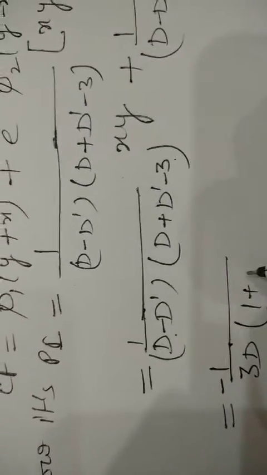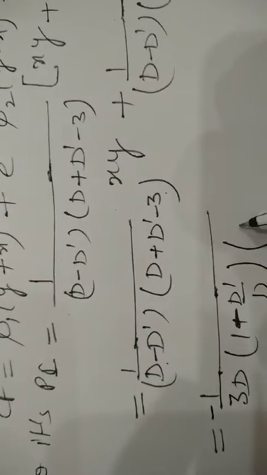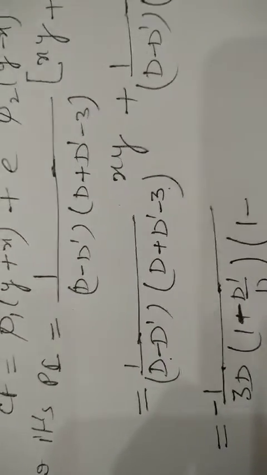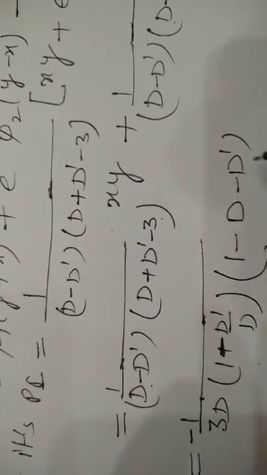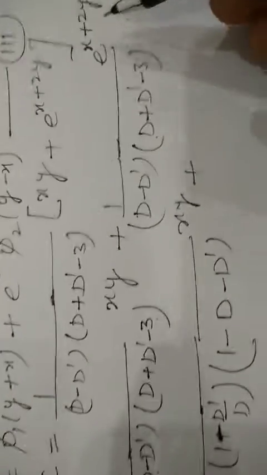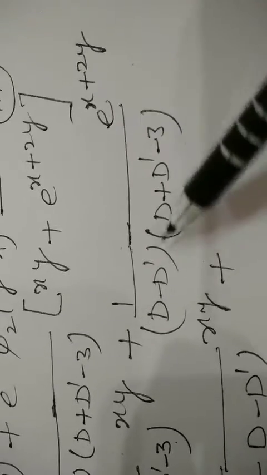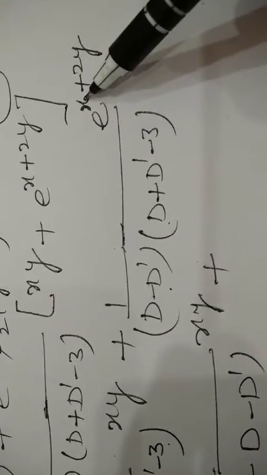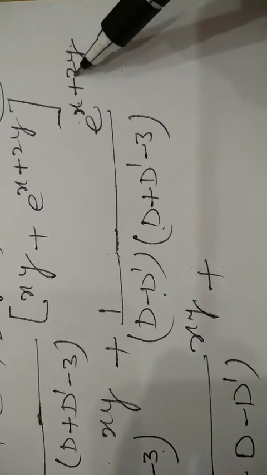1 upon (1 minus D dash by D), and the second one is 1 upon (1 minus D minus D dash) xy, and plus, as we know that by the process of particular integral, D is replaced by the coefficient of x, that is a, and D dash is replaced by the coefficient of y, that is b.